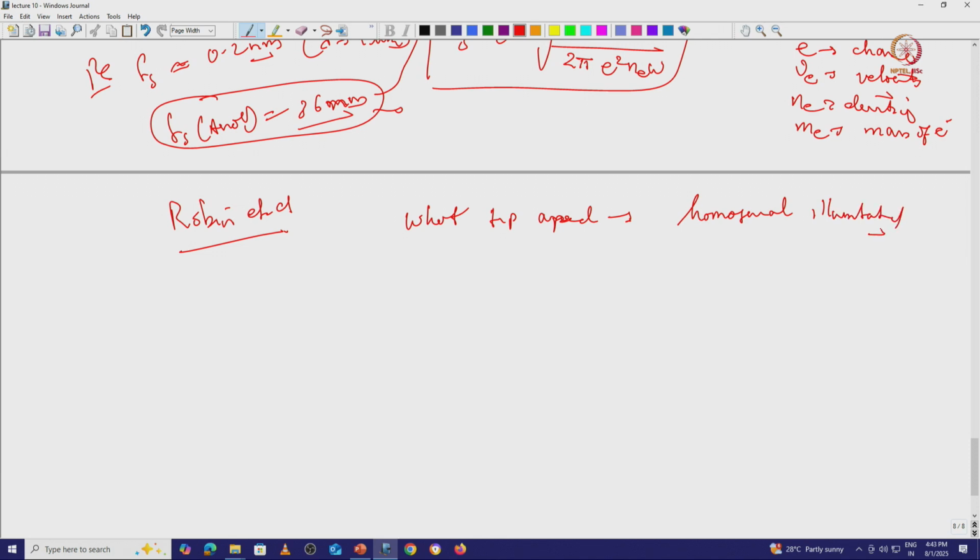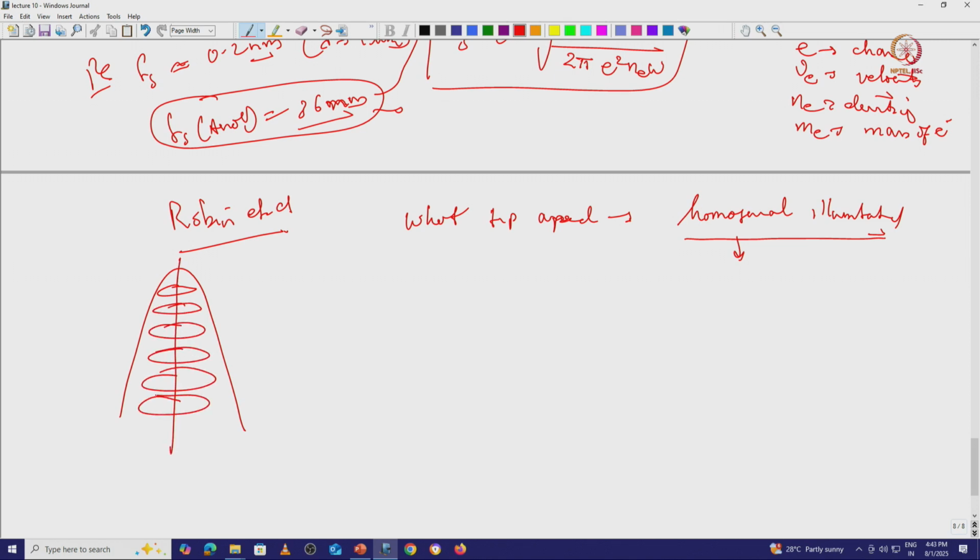Okay, and the temperature distribution along the length of the tip exhibits cylindrical symmetry. So if you have an atom probe needle, what he has proposed is that the illumination on the tip surface has a cylindrical symmetry along the tip axis. Okay, it has a cylindrical symmetry.